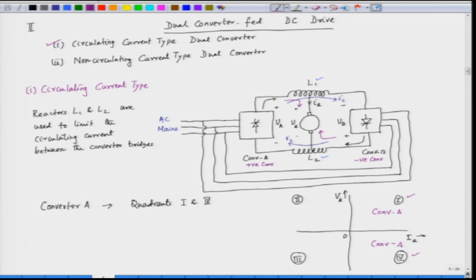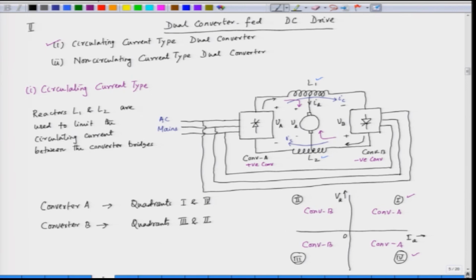So, converter B operates in quadrant 3 and quadrant 2. The voltage can be reversible, it operates in quadrants 3 and 2. So, we have 4 different quadrants.